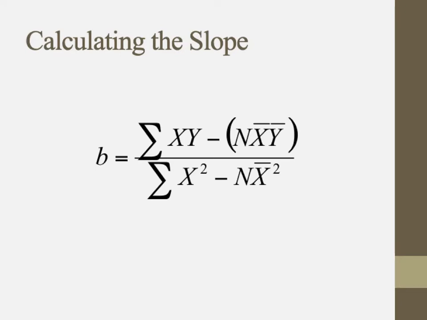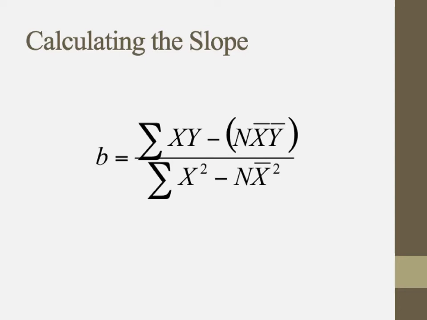The calculation for b, or the slope of the line, looks like this. It looks complicated, but really it's not as complicated as some of our other equations that we've looked at this semester. So first, we have the sum of x times y. So we're going to take each x and multiply it by its corresponding y, and then we're going to add those up.